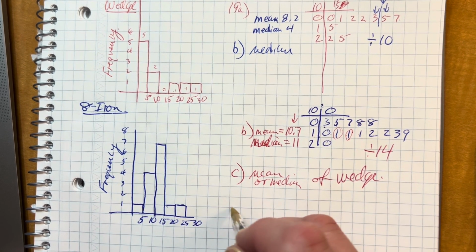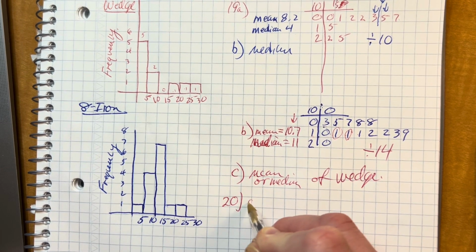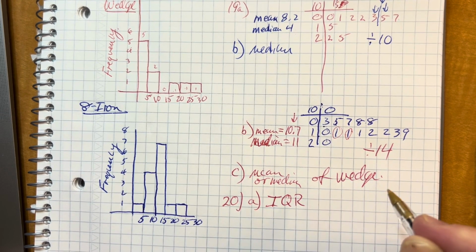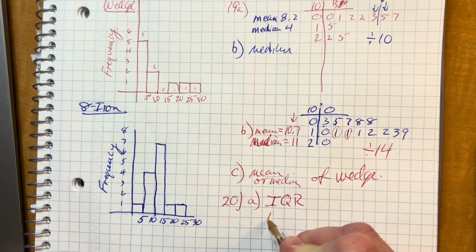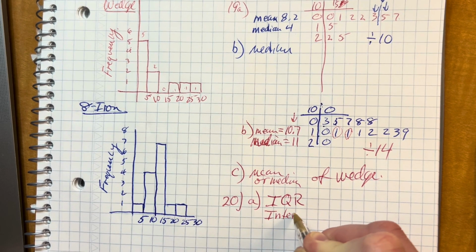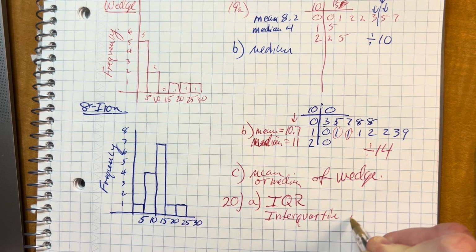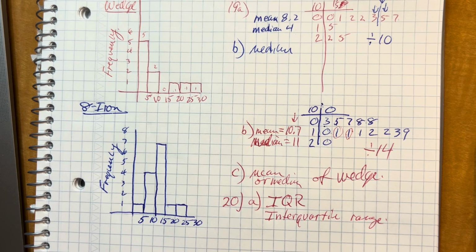Okay, so for number 20, part A, we want to find the IQR, or interquartile range, spelled this way. So we have to find the quartiles.